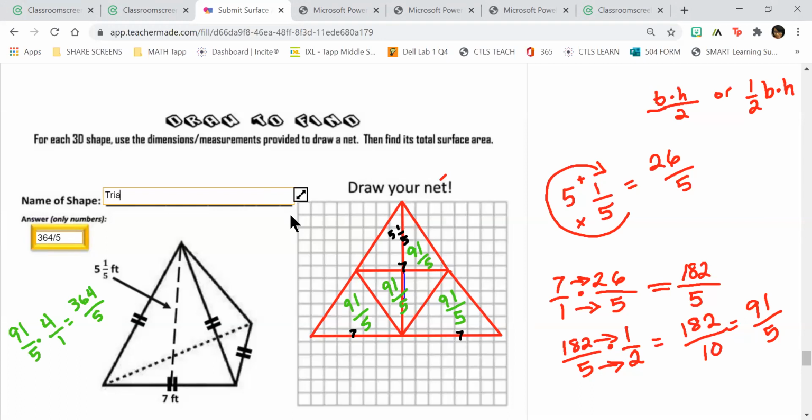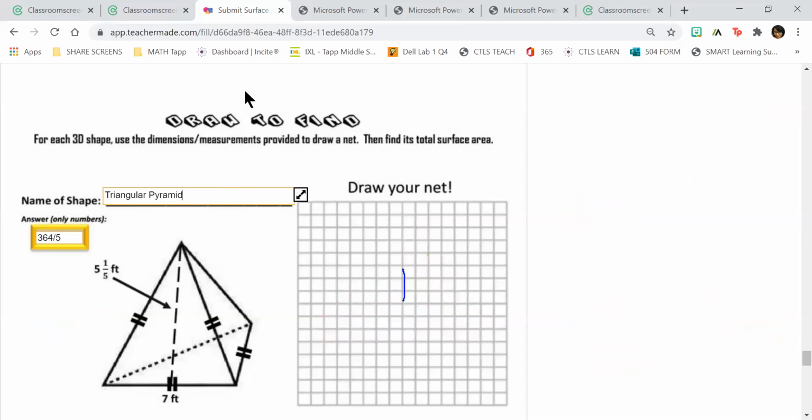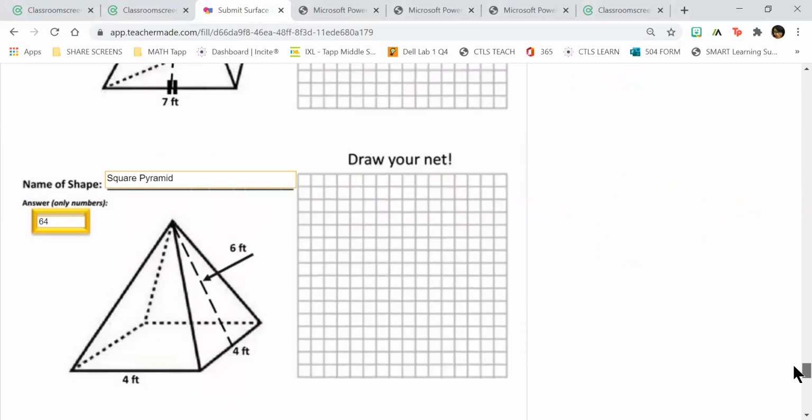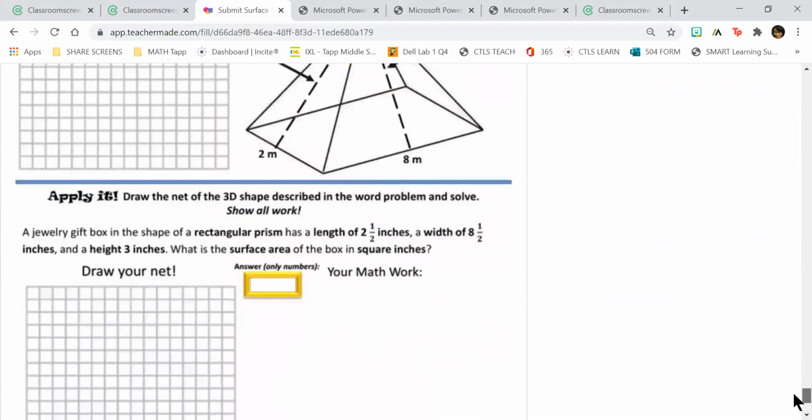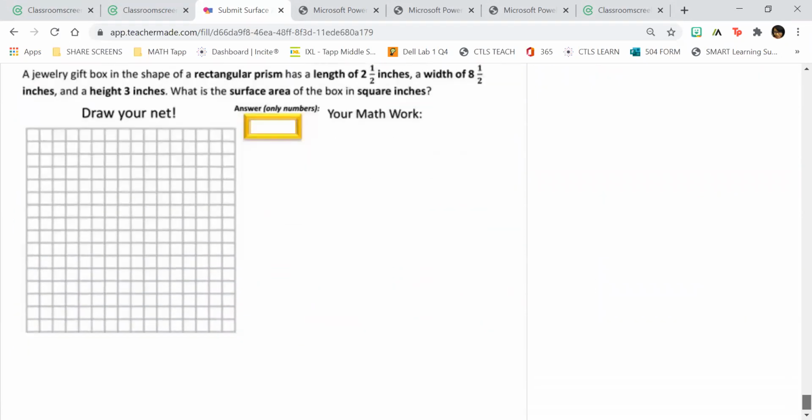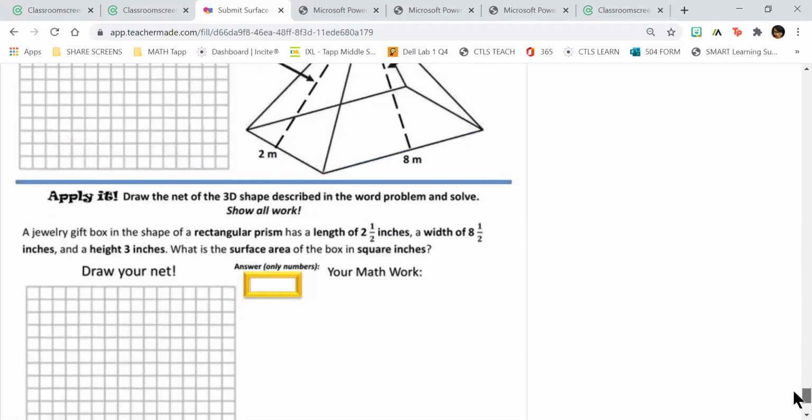And again, this is a triangular pyramid. All right, that was a lot of work. Let's go on to the next one. Square pyramid I did for you guys in class. And I'm going to let you do the apply it on your own.